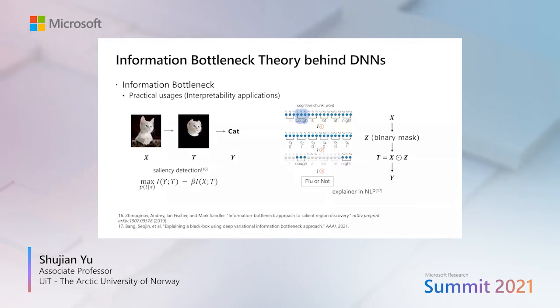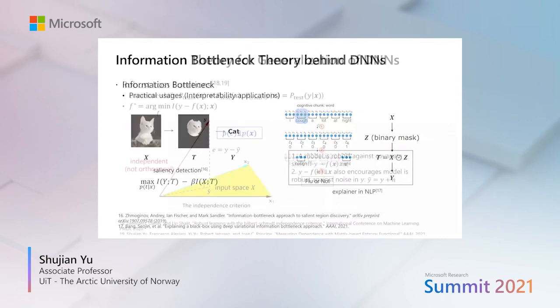For example, in the problem of saliency detection, we can imagine T as the most informative component for our decision Y. Similarly, for a problem in natural language processing, if we want to explain, based on the sentence "I cough a lot at night," the decision of whether I have the flu or not, then I can generate a binary mask and put the mask on the sentence X to generate a compressed representation which only contains the two most informative words, "cough" and "night." Only based on these two words can I decide if it's the flu or not.